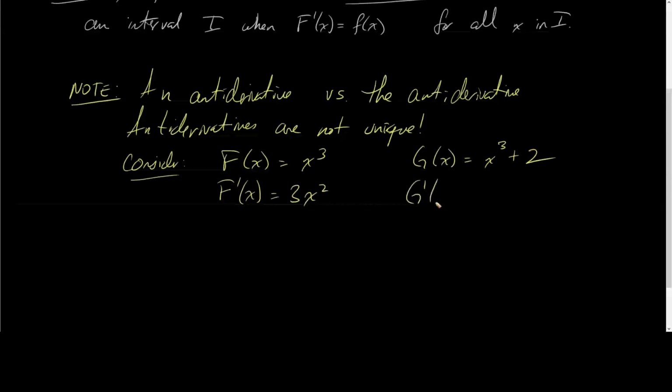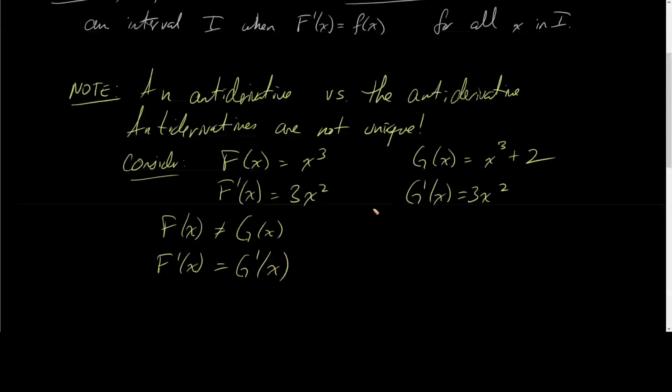Capital G prime of x would be 3x squared, because the derivative of a constant is 0. So notice here that they both have the same derivative, but they're clearly not the same function. They're similar, but they're not the same function. So what I'm getting at here is that F of x is not equal to G of x, but F prime of x is equal to G prime of x.